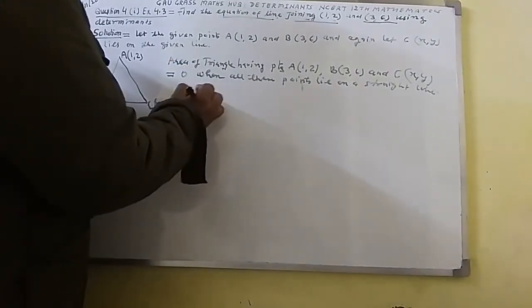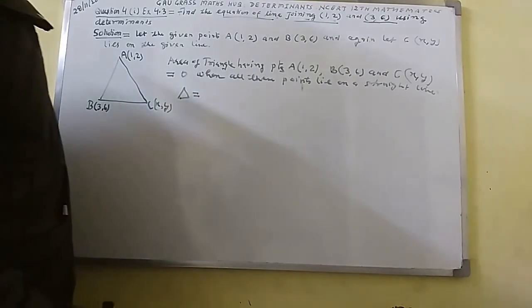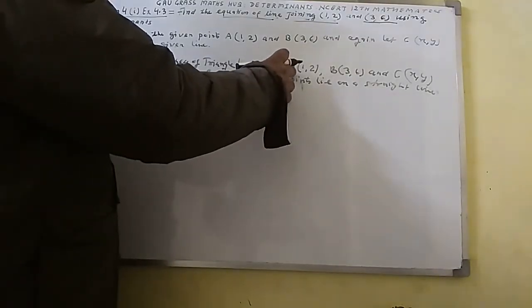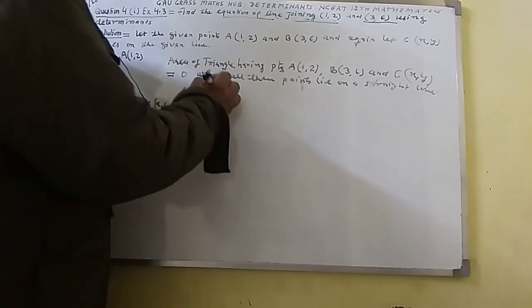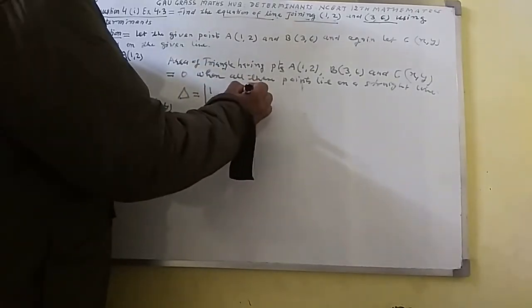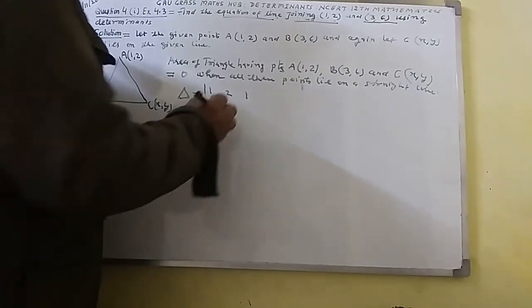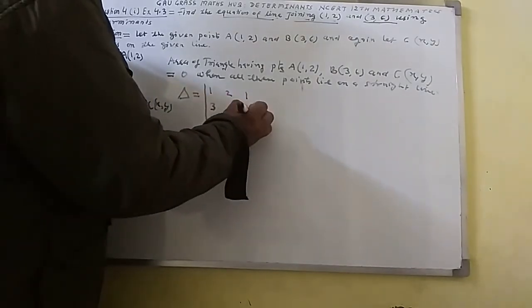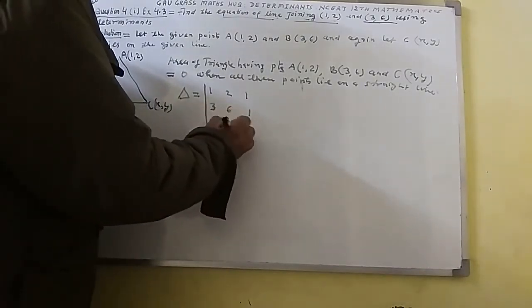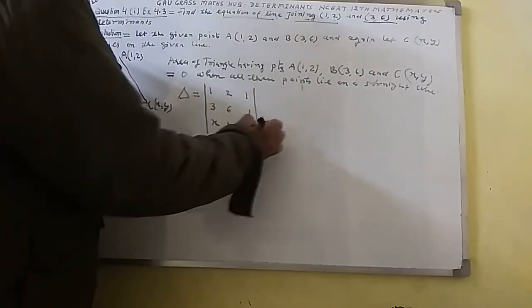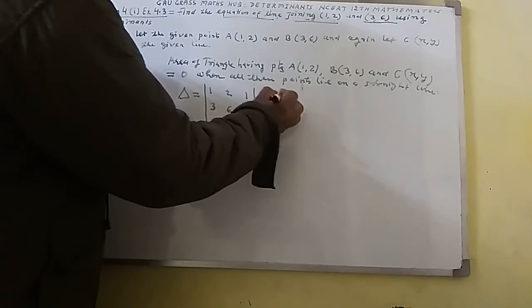Then the determinant: the point A, whose coordinates are (1, 2), be x1, y1; in place of x1, y1 I shall write 1, 2, and the third column is fixed as 1. In place of x2, y2, I shall write 3, 6, 1. In place of x3, y3, I shall write x, y, 1. It comes out to be 0.